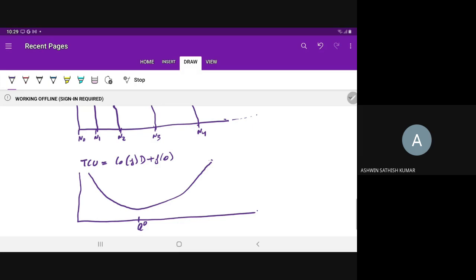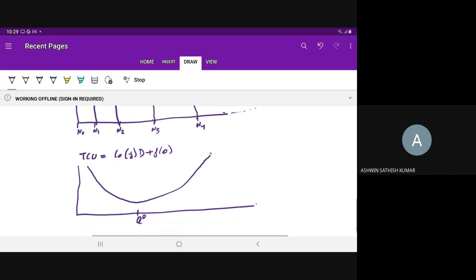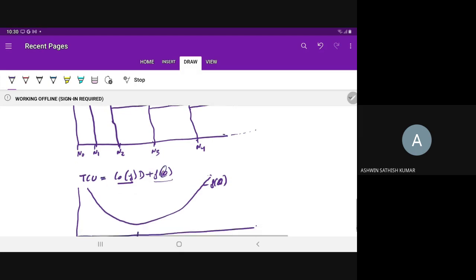So when we know this is the graph of the FQ, and at the Q naught it is minimum, we add these two graphs: the above graph of C naught J into D, that is the constant, plus FQ.